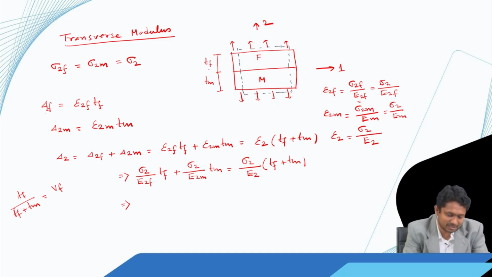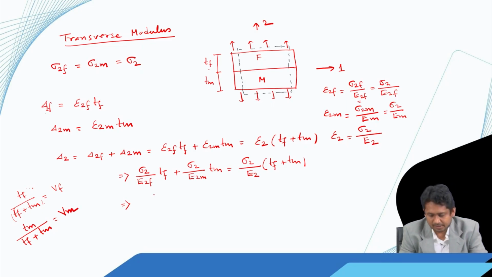So, if I want to find out the corresponding volume, whatever I multiply here, and whatever I multiply there, they are the same. So, this gives me V f. Similarly, I have T m divided by T f plus T m, and that will give me V m, and sigma 2 is common in all the terms.